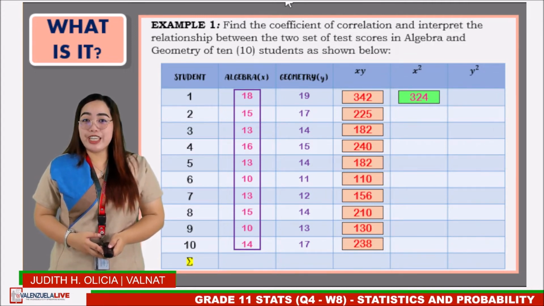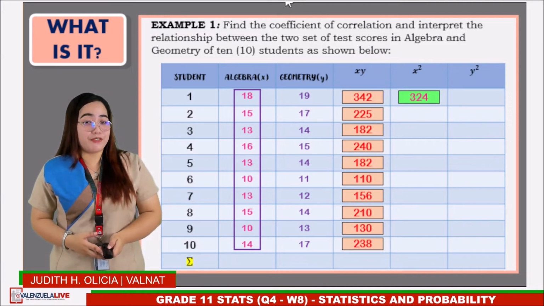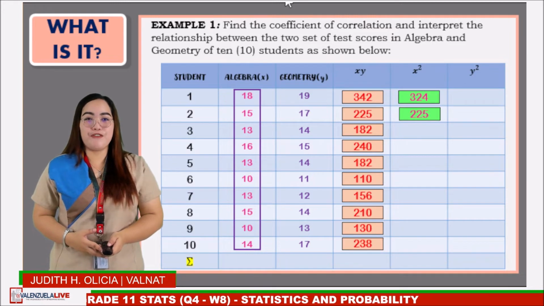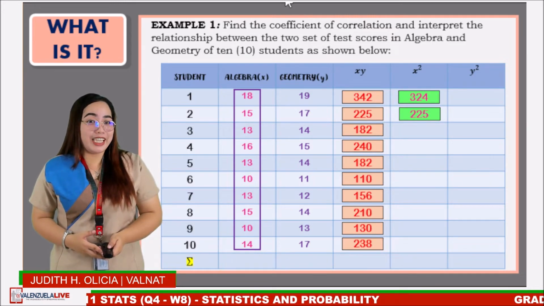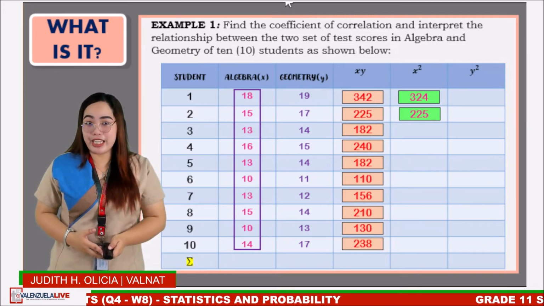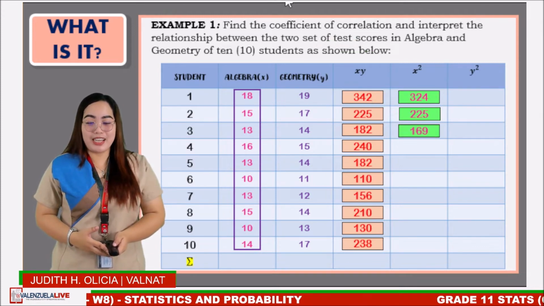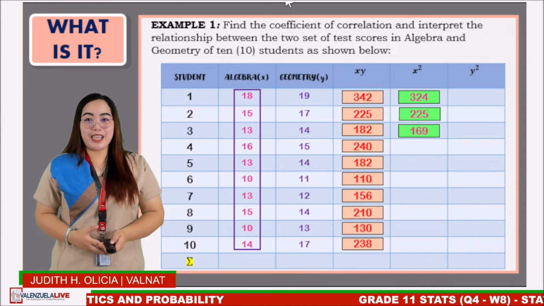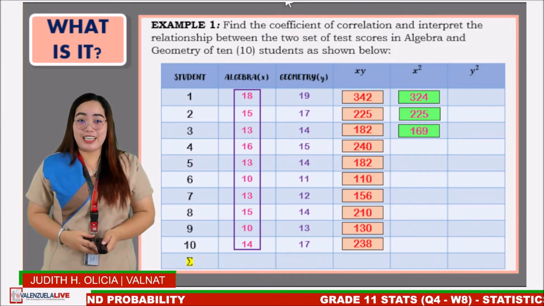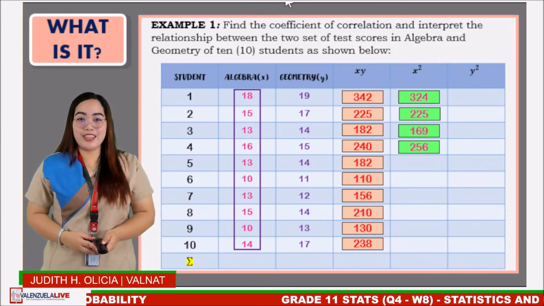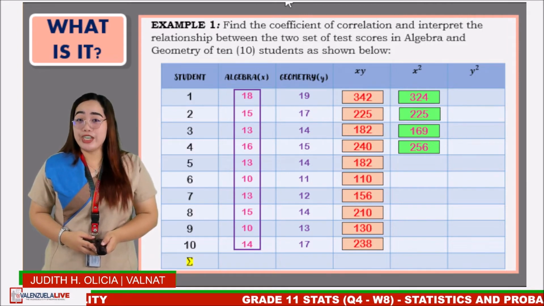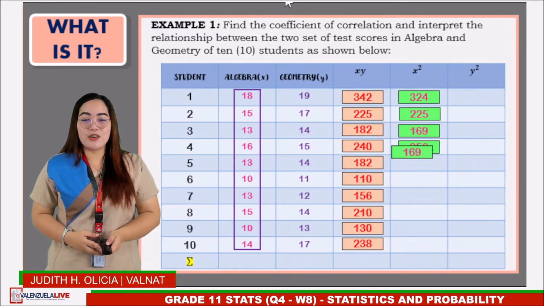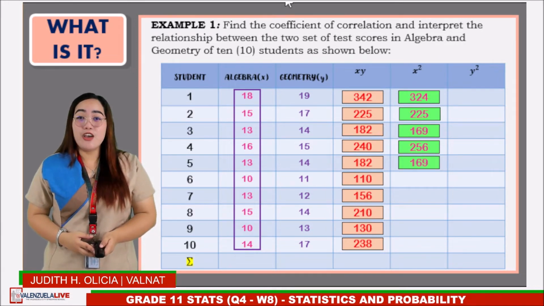Next, 15 multiplied by 15, the product is 225. 13 multiplied by 13, the product is 169. 16 multiplied by 16, the product is 256. 13 multiplied by 13, the product is 169, followed by 100, 169, 225, 100, and 196.